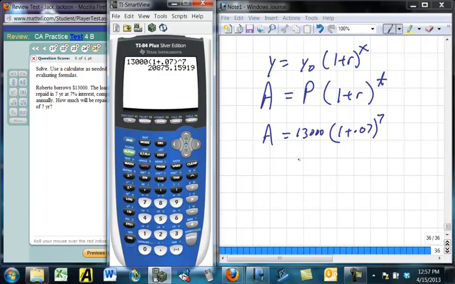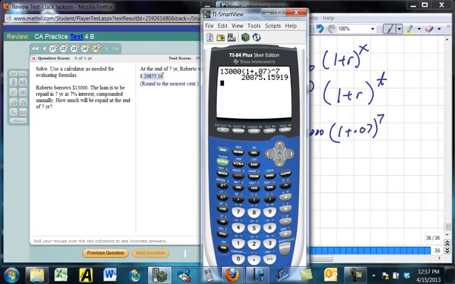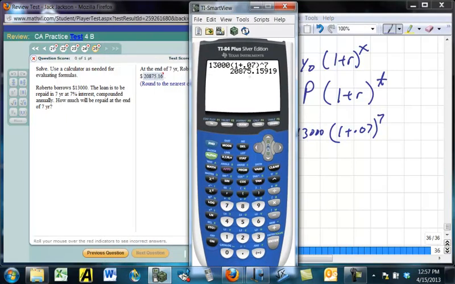And this is how much he has to pay at the end. $20,875.16, which is what they have there.